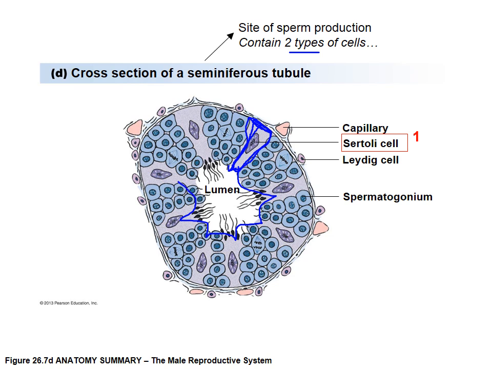The other cell type that is contained within the seminiferous tubules are the spermatogonia. So spermatogonia is just the plural of spermatogonium. Remember, these are the germ cells. But what we see is we see the spermatogonium, or the germ cells, in their various stages of development.